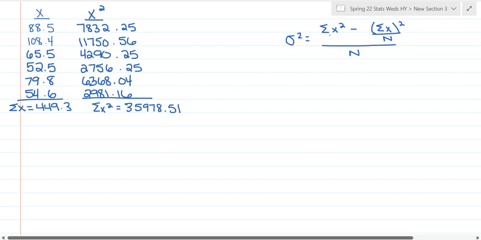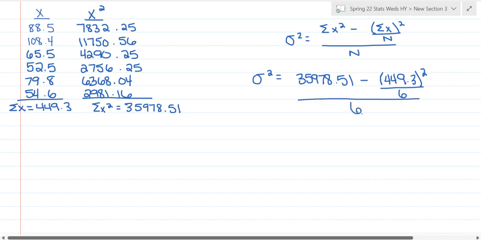All right, let's go ahead and put this into the formula. So that'll give me sigma squared equals the sum of x squared, which is here, so 35,978.51, minus the sum of x, so 449.3, squared over n, so over 6, and then all of that over 6.